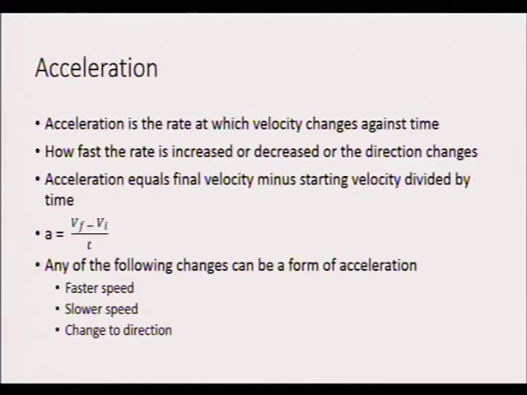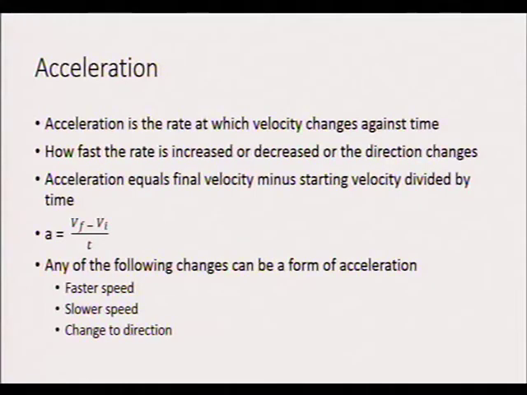And then here is another discussion on calculations, on acceleration. The formula is given, but below there, the last bullet says any of the following changes can be a form of acceleration. It could be a faster speed, as when a car is speeding up, or slowing down, or there is a change in direction.